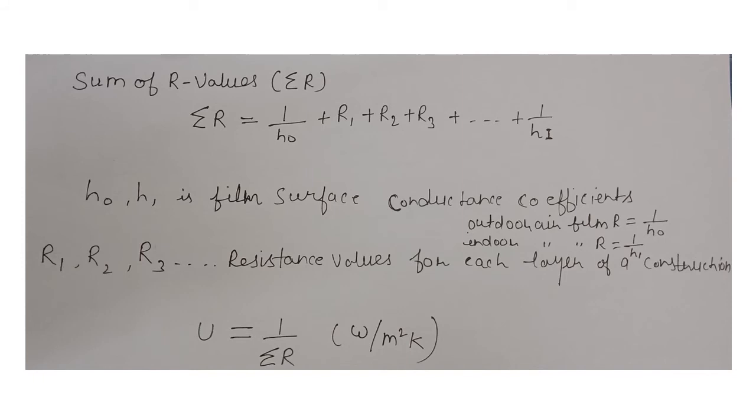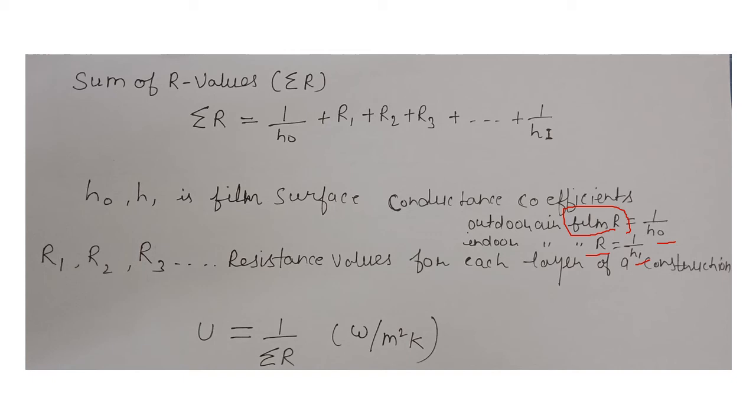If we calculate the total U value of that composite wall, first we have to calculate the sum of R values. Sigma R is equal to 1 by HO plus R1 plus R2 plus R3 plus 1 by HI. HO and HI are the film surface conductance coefficients: outdoor air film R is equal to 1 by HO, and indoor air film is 1 by HI. These we take as the air film coefficient.